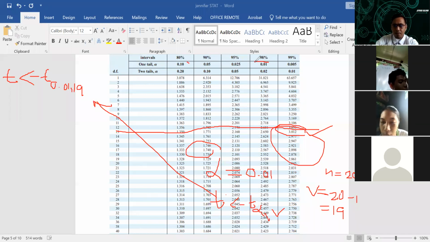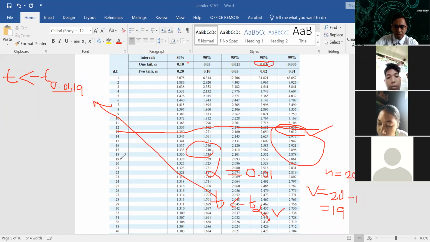By the way, if you go two-tailed, that is if your alternative hypothesis involves less than... again, it can be confusing, just look at one-tailed. One-tailed is what we use. So you have to look for 0.01 and 19.